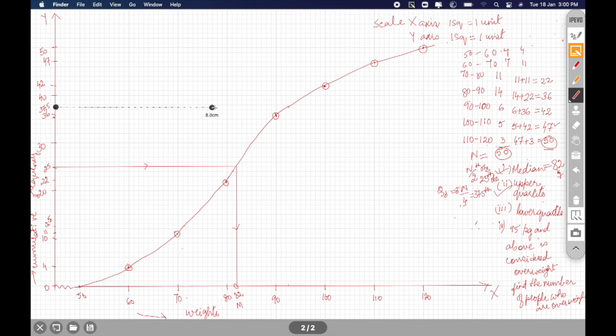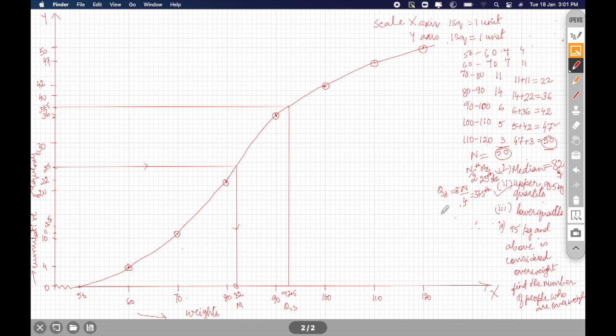We will first draw a line from 37.5 parallel to the x-axis touching the ogive at a point, and from this point on the ogive we will drop a perpendicular to the x-axis, and I can see it is very close to 93 but not exactly 93, it is 92.5 kgs here. So upper quartile, that is Q3, is 92.5 kg, and we found the median as 82 kgs, right?